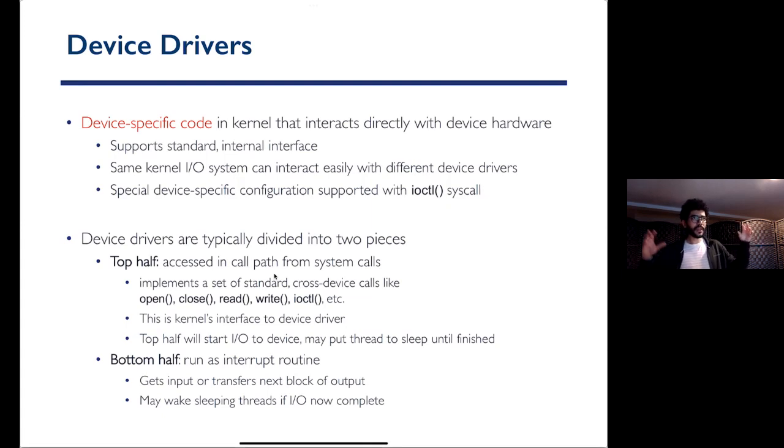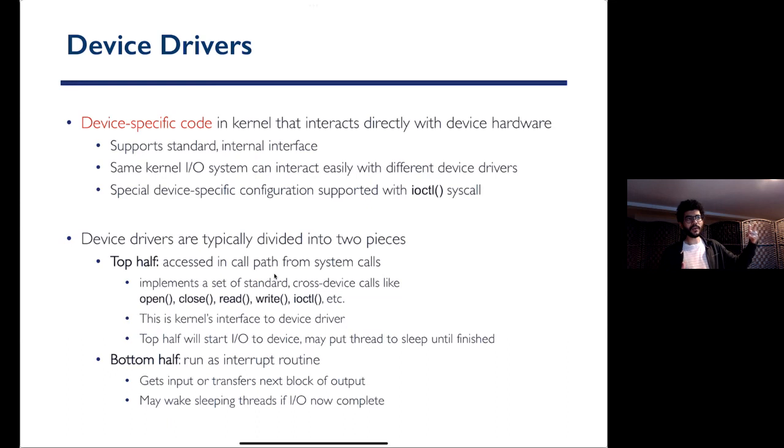Now, after the top half is done, the device starts working on the instructions that it has received. And at some point, the device is done with what it's supposed to do. And at that point, the device raises an interrupt, usually. So the top half got to execute after the system call.